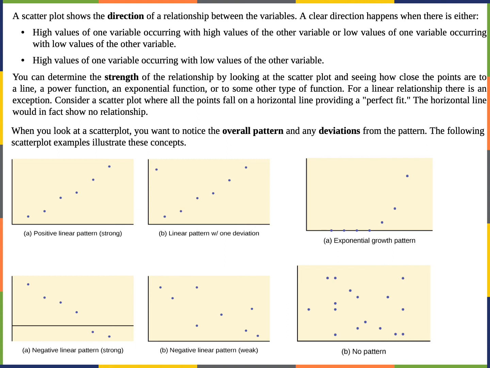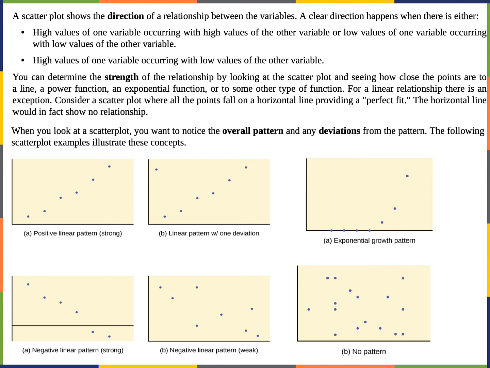Another way to determine a direction, if we're trying to approximate a linear relationship, is if you have high values of one variable occurring with low values of the other. In this case, notice that the y-axis value is high, but the x-axis value is low because it's at the beginning of the x direction. And then down here, it's a low value for y, but it's high for x.